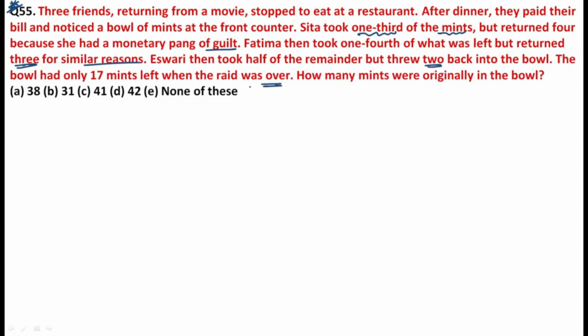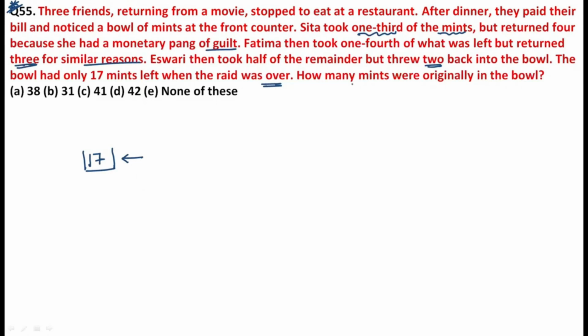Try this question in a reverse way, guys. If you go through the equation, it takes time. Finally, we are left with 17 in the bowl. Observe the last person, Ishwari. We already know that Ishwari returned two mints into the bowl.